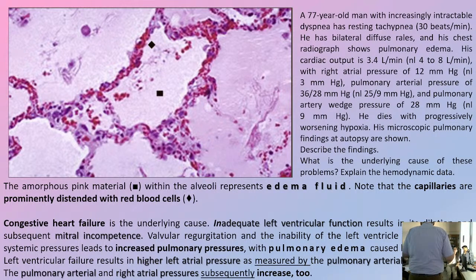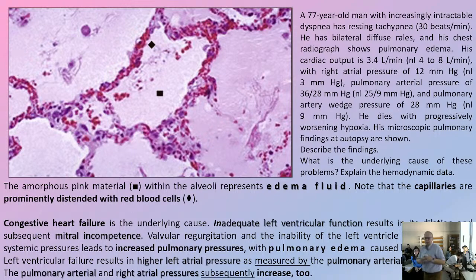However, if this disease becomes chronic, the other pressures will be secondarily affected. Not from the beginning, but if this level of pulmonary circulation congestion persists, the other pressures, that means the pulmonary artery pressure and the right atrium pressure, will be secondarily influenced.